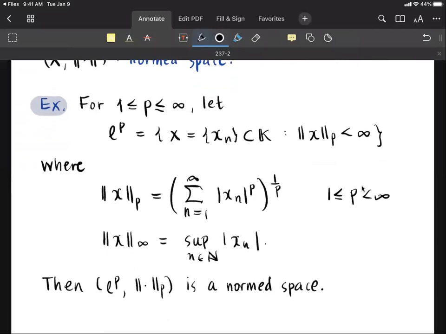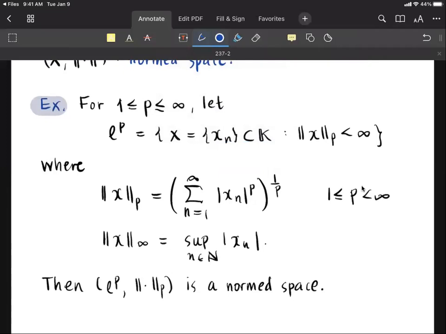So one can prove this, but for now we skip the proof because we will prove this later in a more general setting when we discuss measure spaces, because one can view this infinite series as a Lebesgue integral with respect to the counting measure.